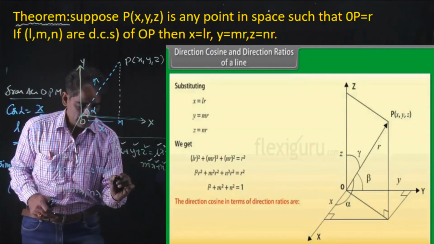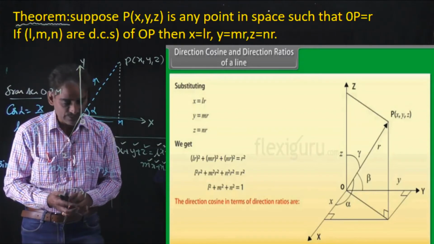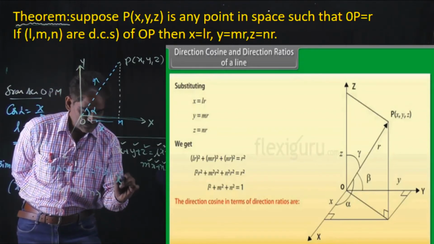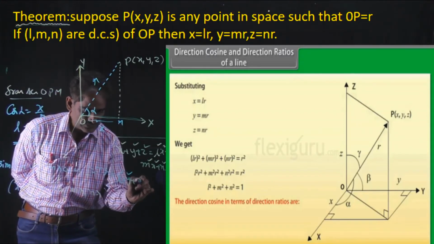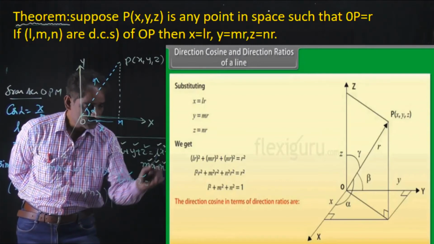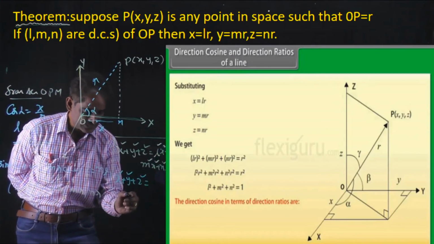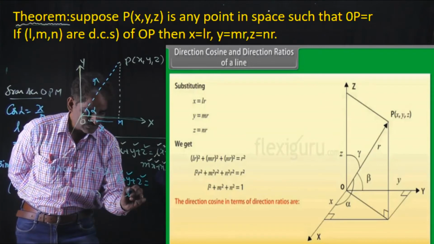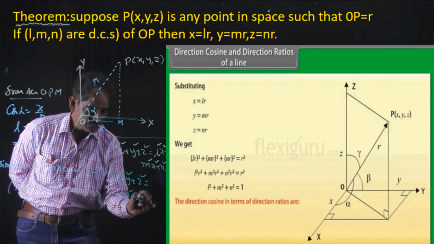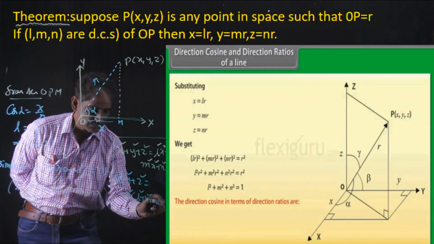Then x square plus y square plus z square is equal to, there is an r square common on the right hand side, so r square into l square plus m square plus n square.